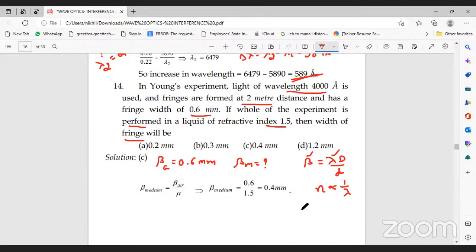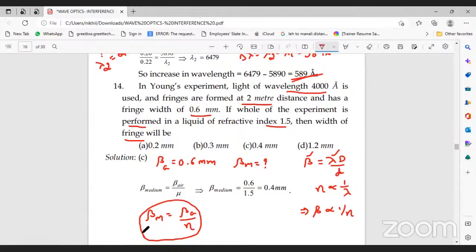Inversely proportional. So fringe width and refractive index are also inversely proportional. So to find the fringe width in the given medium, you take the fringe width in air medium divided by the refractive index.